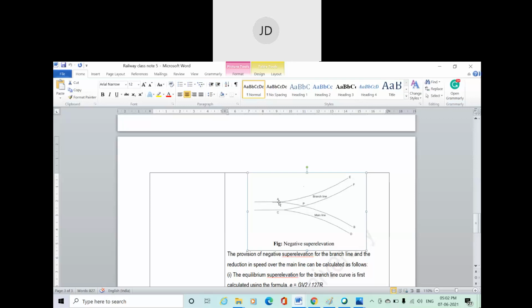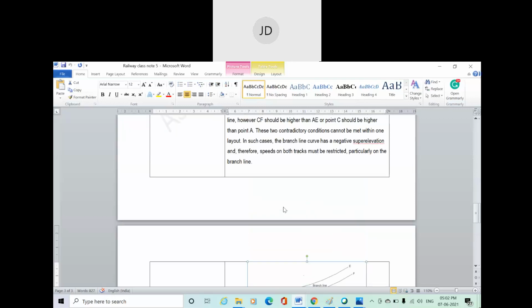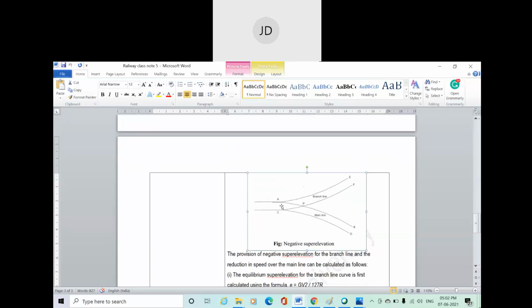In the same way, this line represents the inner rail for this branch line. Got it? This is a very crucial point of railway engineering. It is known as a point, and this is called a crossing. That's why it's a combination of point and crossing.